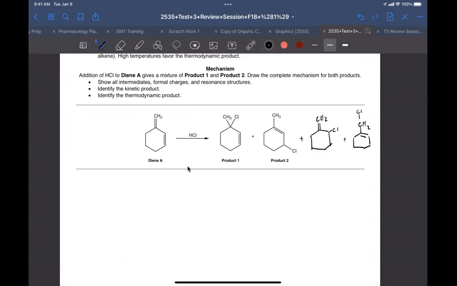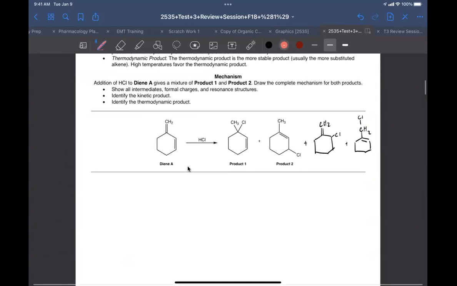The reason there are 4 products is that we have 2 alkenes here and a hydrohalogenation. We know that in hydrohalogenation there's a carbocation intermediate and it just adds an H and a Cl over a double bond. There are 2 double bonds, and each of those 2 double bonds can do a 1-4 and 1-2 addition.